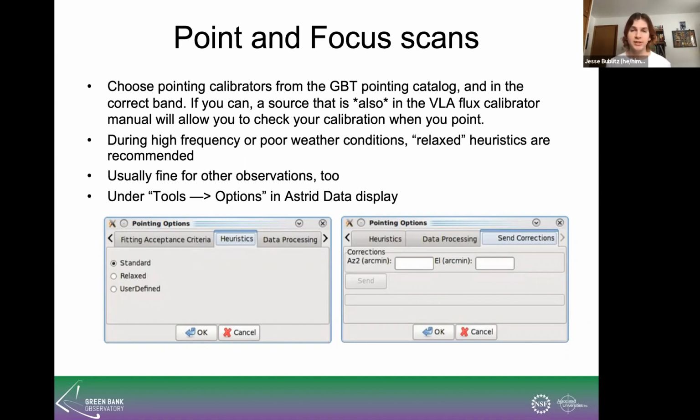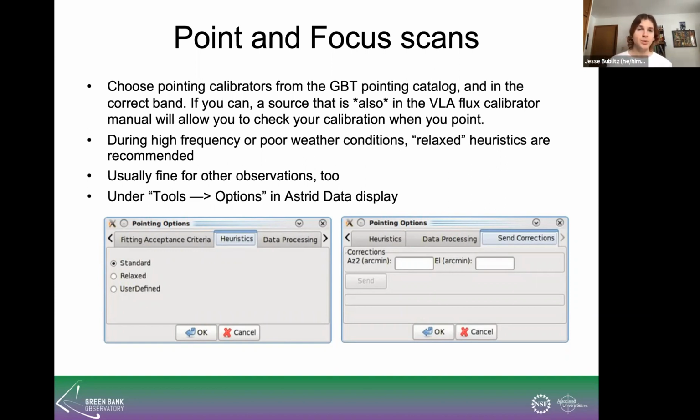Now, what was mentioned yesterday, I believe, when it comes to Argus, sometimes you will want to observe at a lower frequency using a particular calibrator and then work your way up from a larger beam down to a smaller beam with your Argus source.